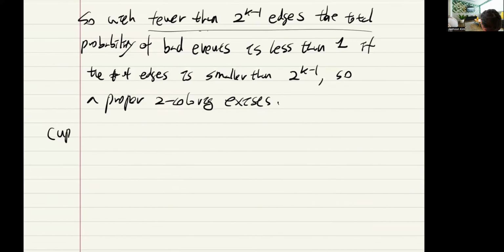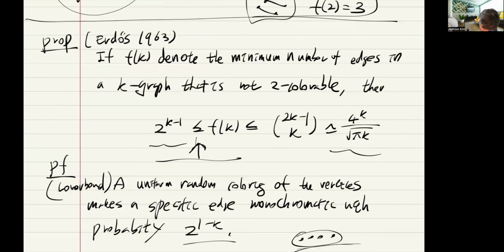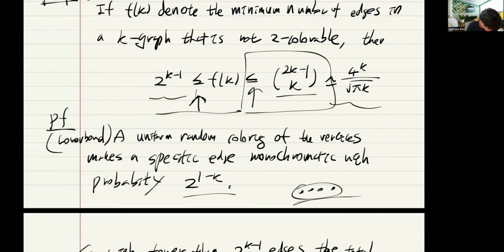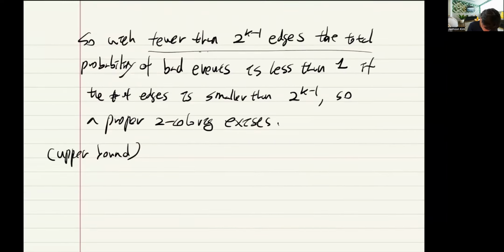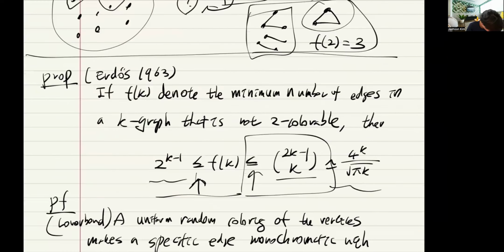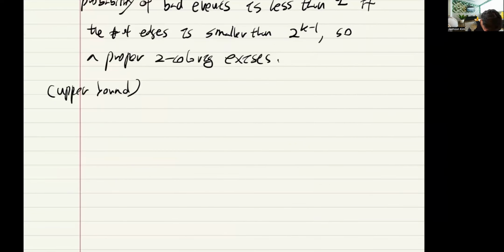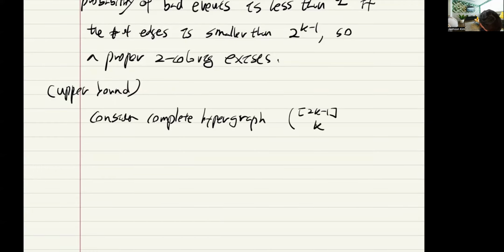And for the upper bound, you want to find one example which is not two-colorable and has this many edges. We can do this by generalizing the triangle. We consider the complete k-uniform hypergraph on 2k minus 1 vertices. This is not two-colorable. Why?